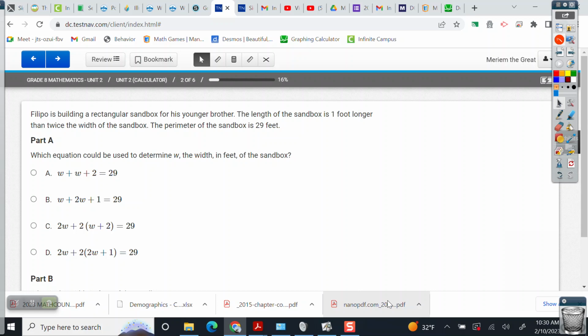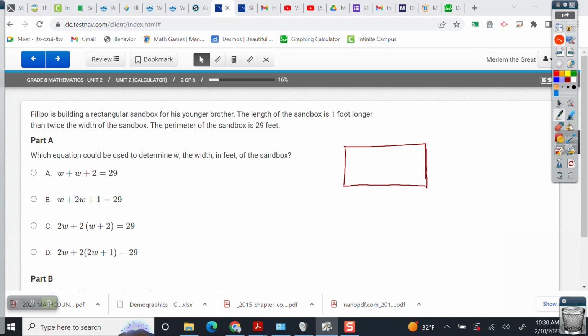All right, problem 2. Filippo is building a rectangular sandbox. If it says rectangle, what am I going to draw? That's right, I'm going to draw a rectangle because you can't have fun in PARCC or CMAS if you're not drawing rectangles.